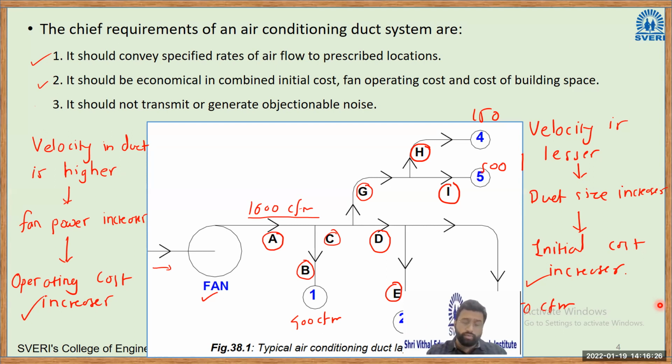So if you increase the velocity, fan power will increase. If you decrease the velocity, the duct size must be larger, and in that case the initial cost of the project will increase. So as a contractor or as a building owner, I have to trade off between operating cost and initial cost.